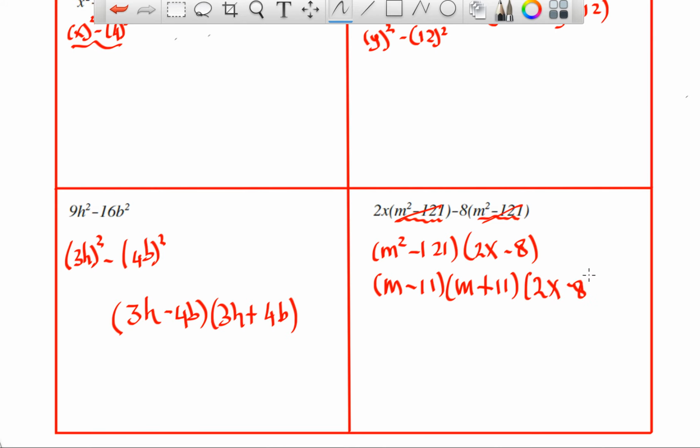Okay, some people might want to leave this, and I would probably give you full credit. But 2 is common to both 2x and 8, right? So I can take a 2 out, and I'm just going to copy all the other stuff. And in case you're wondering, how can you bring the 2 out way out there? Keep in mind that when you multiply, when I do 3 times 5, that would be the same as 5 times 3.